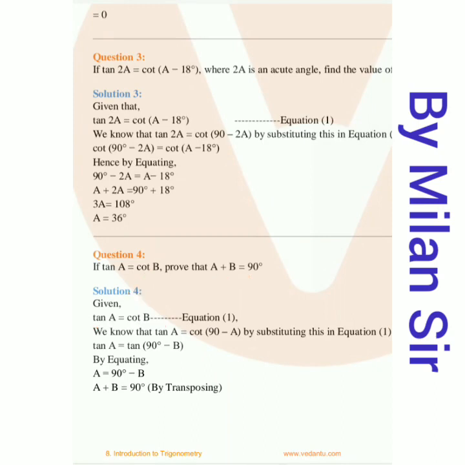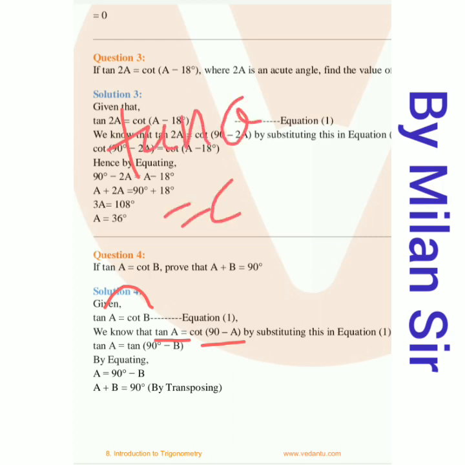So you can convert either tan a into cot, otherwise cot into tan. So here we are going with conversion of tan into cot. So tan a is equals to, we can write cot 90 minus a, because tan theta is equals to cot 90 minus theta, right?